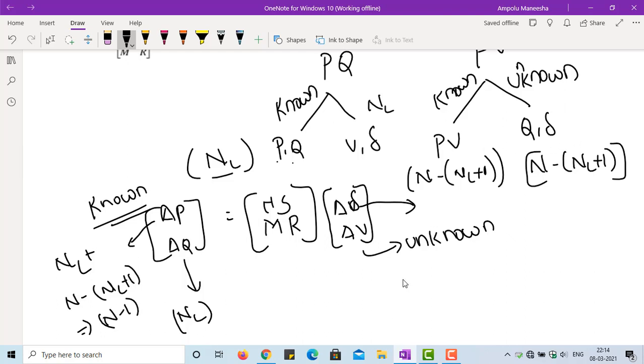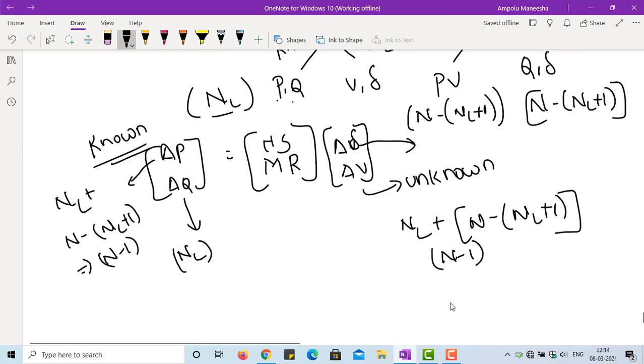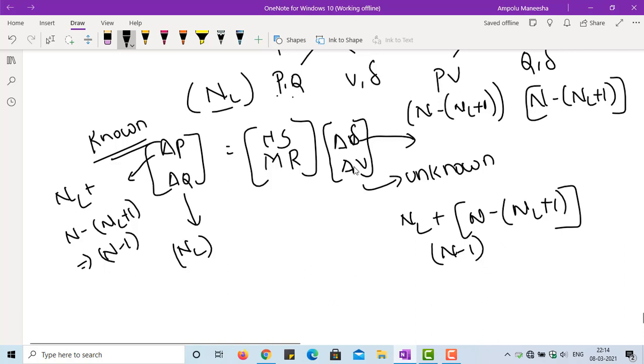So NL plus N minus NL plus 1. These are the number of unknown deltas, that is N minus 1. And delta V is NL, because here V is known. So number of delta V is unknown, it is NL.